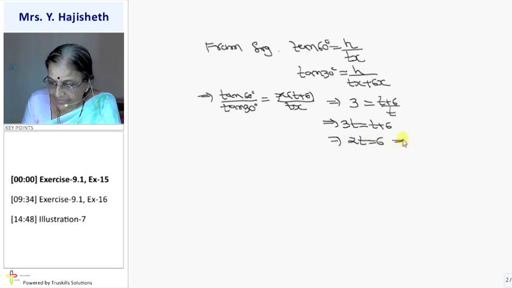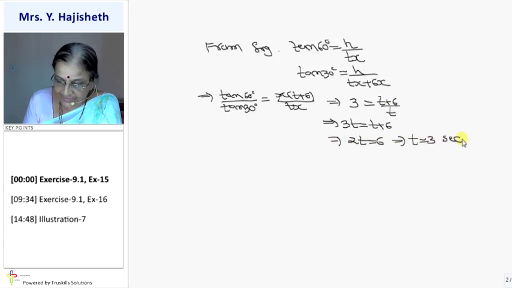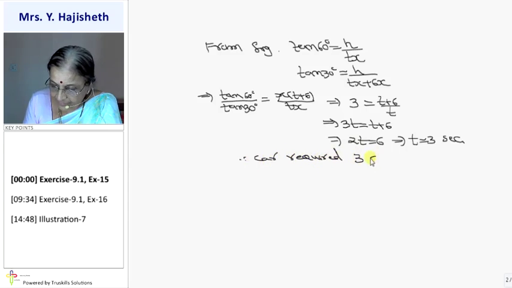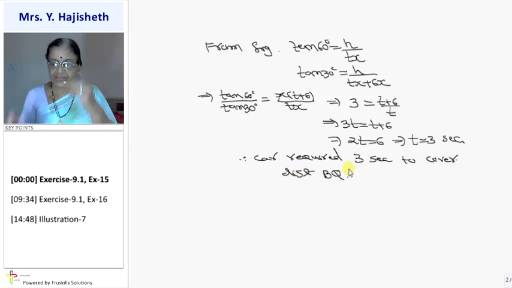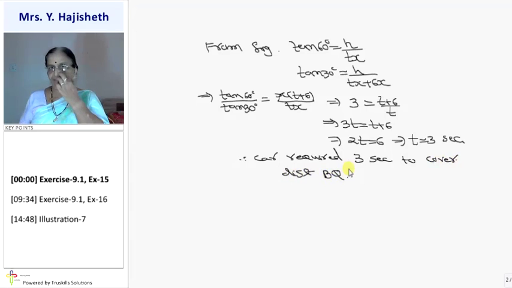So my t will be 3 seconds. So after 6 seconds, car required 3 more seconds, right? To cover distance BQ, okay? Q से B तक आने के लिए the car required 3 more seconds.